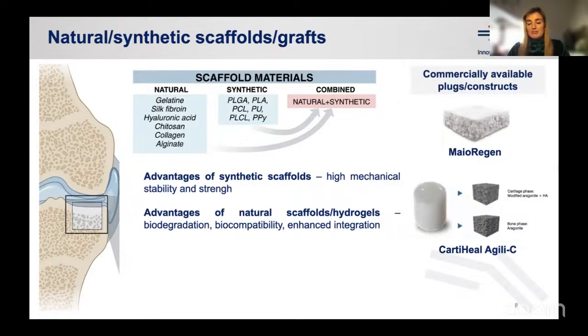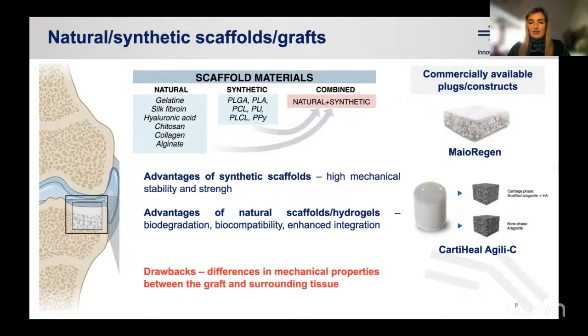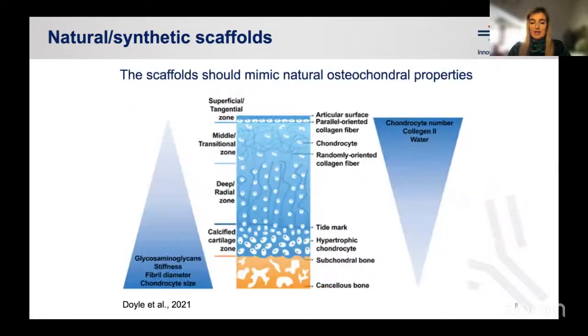They are made precisely for osteochondral defects, and they integrate well into the tissues and rebuild them. However, they still have their own drawbacks. The materials lack the mechanical properties that the cartilage and the bone itself have, because of their fibrous interaction. So how do we actually avoid that, and how do we deal with that?